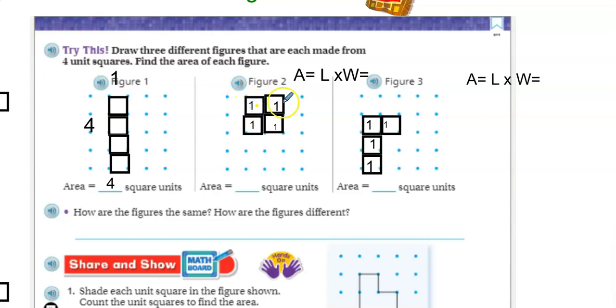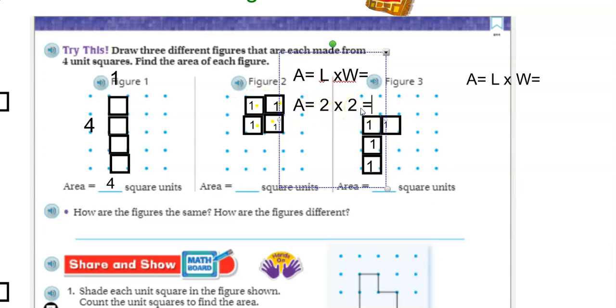So I have 1, 2, 3, 4 square units. But it does change the numbers. This was 4 groups of 1, so 4 times 1. Over here, we're going to use the same formula using multiplication, and it's going to be area equals, and over here you can see there's 1, 2 on one side, so it's going to be 2 groups of 2.